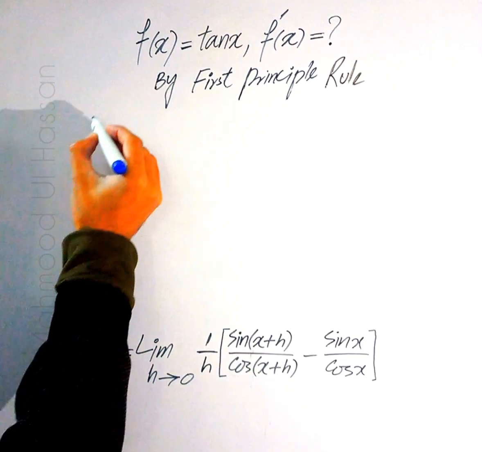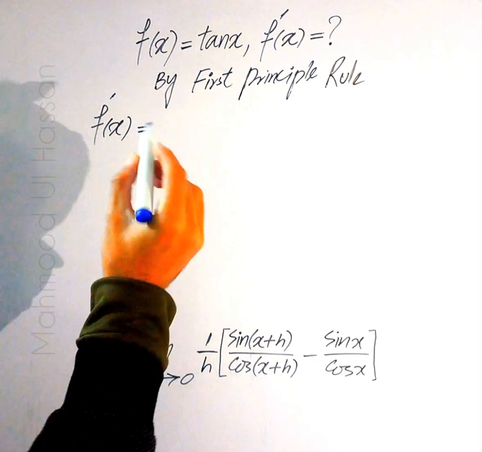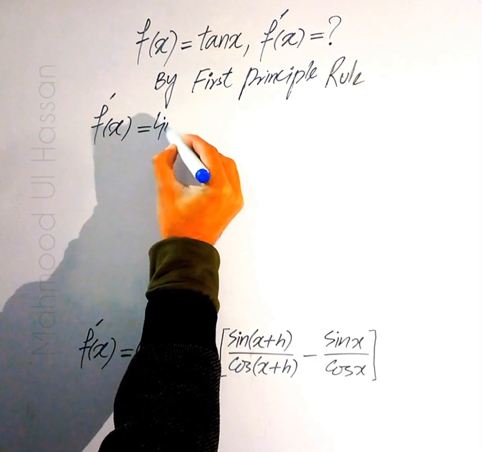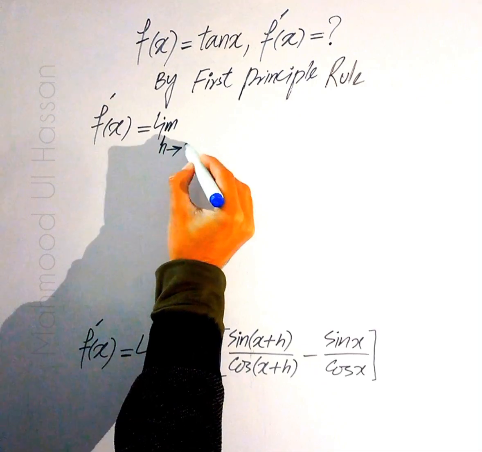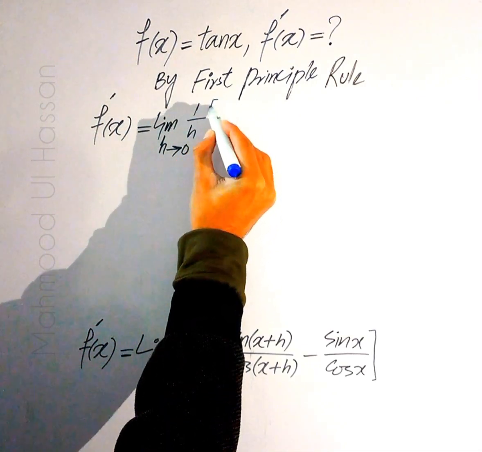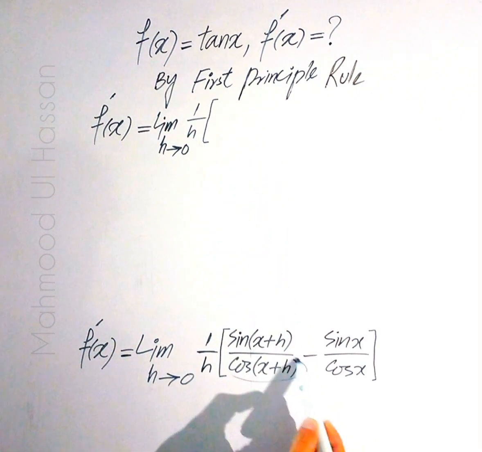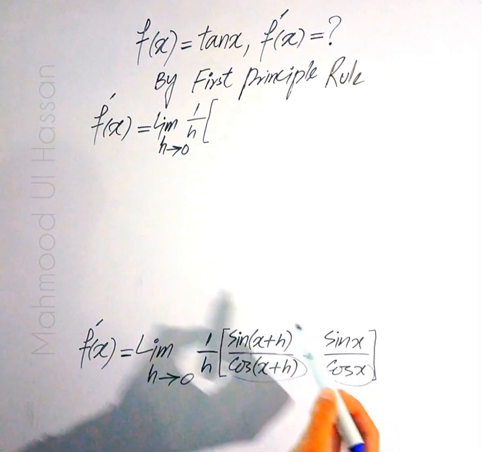Now f prime of x is equal to the limit as h approaches 0 of 1 upon h, and now take the LCM of cos of x plus h and cos x.